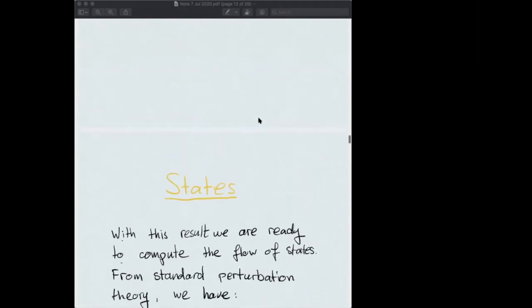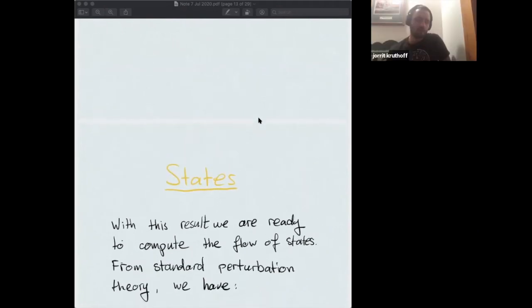Okay, thank you. And maybe one other comment is, you could be worried about, say, in correlation functions, how you define this commutator that I talked about.